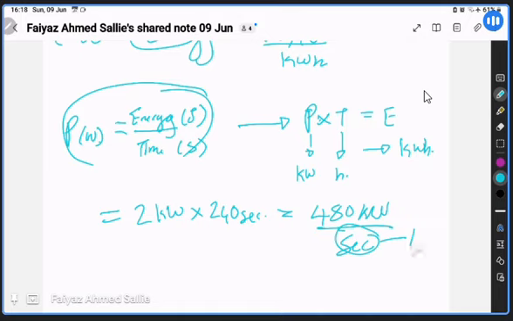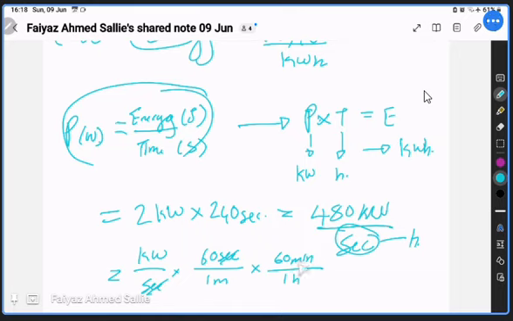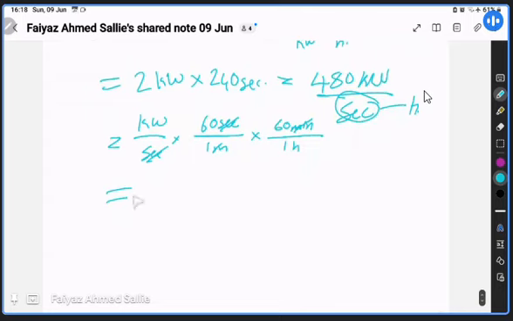But we want to convert this to hours. So we're going to do kilowatts over seconds multiplied by 60 seconds over 1 minute. So we cancel, multiply again by 60 minutes or in 1 hour. So we're going to cancel those two and we're going to get an answer of 480 multiplied by 60 multiplied by 60.